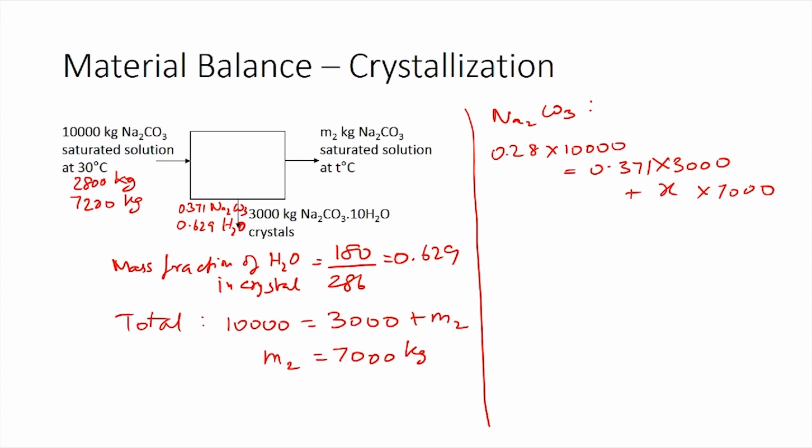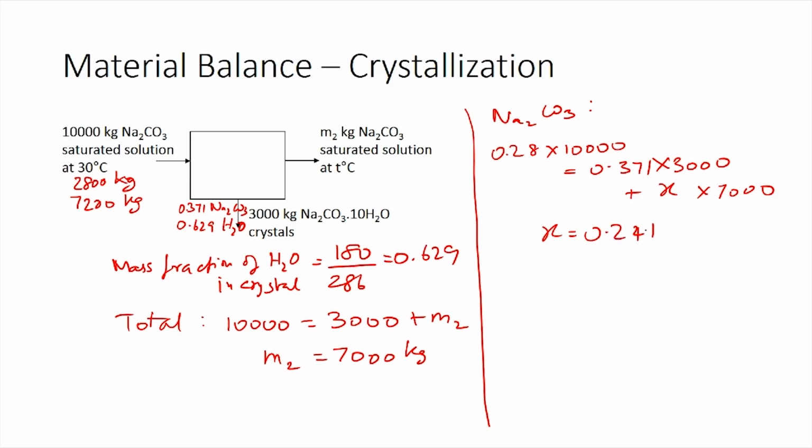Now, using this equation, we can calculate the mass fraction of Na2CO3 leaving along with the saturated solution. So, X equals 0.241.